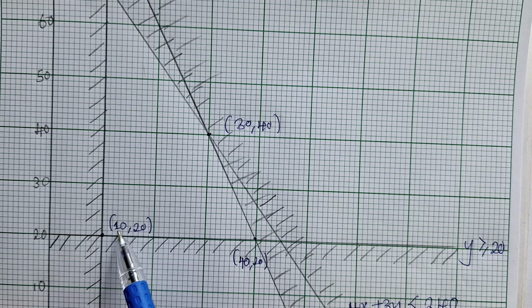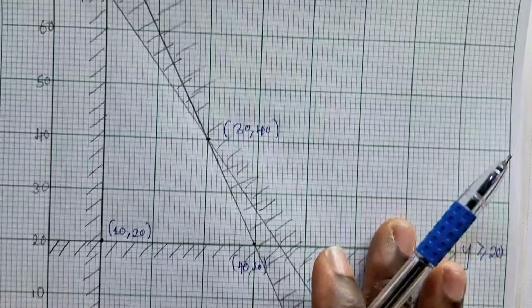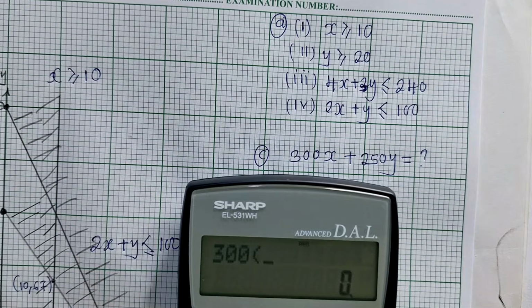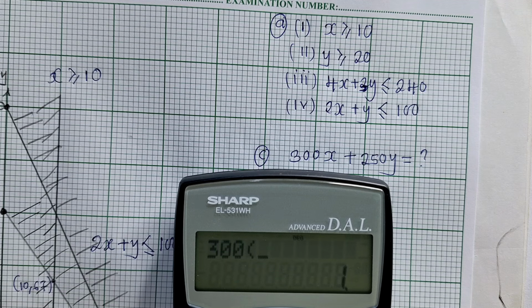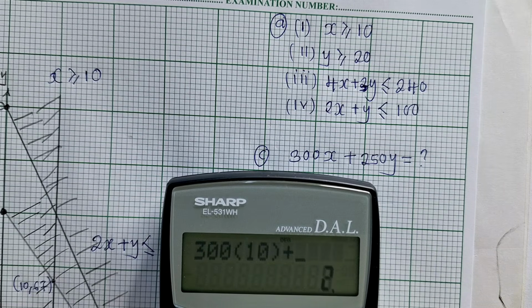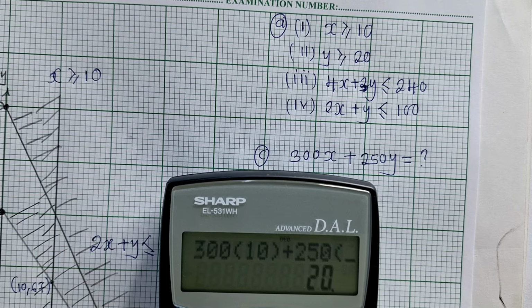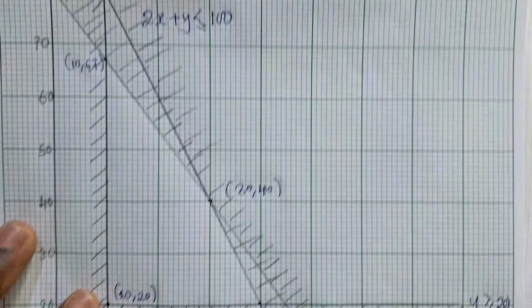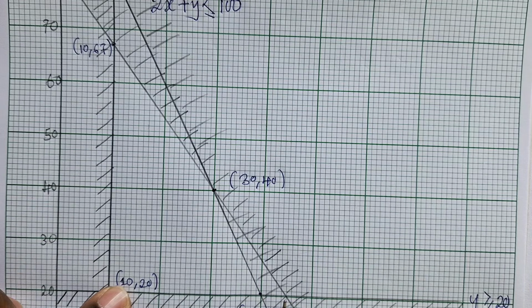So I'll put this X and Y into my objective function. My X is 10, so I'll put 10, then plus 250, open bracket, I'll put 20. This is giving me 800. So I want you to see these coordinates are giving me 800.